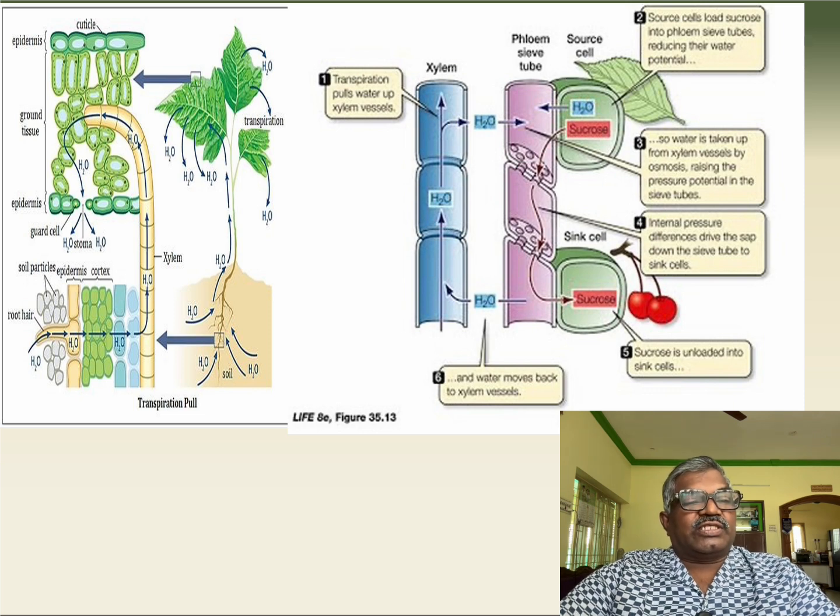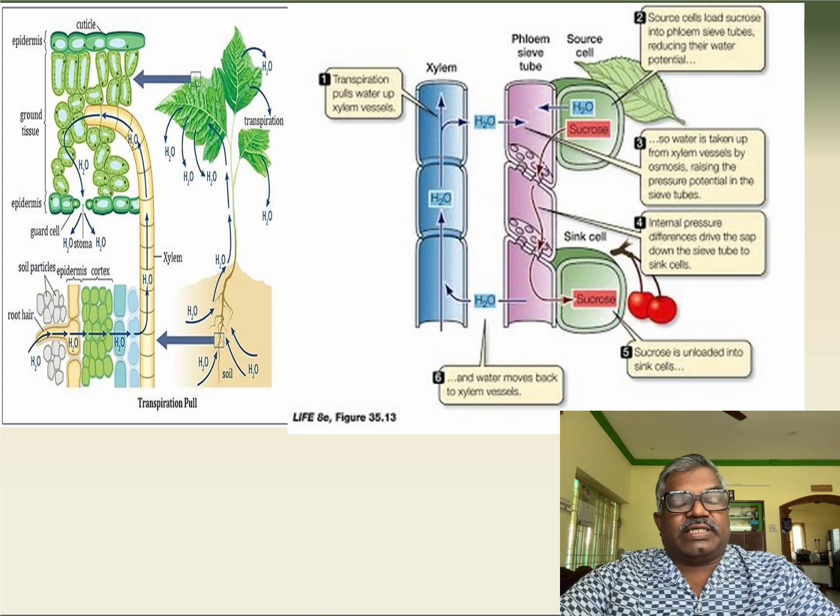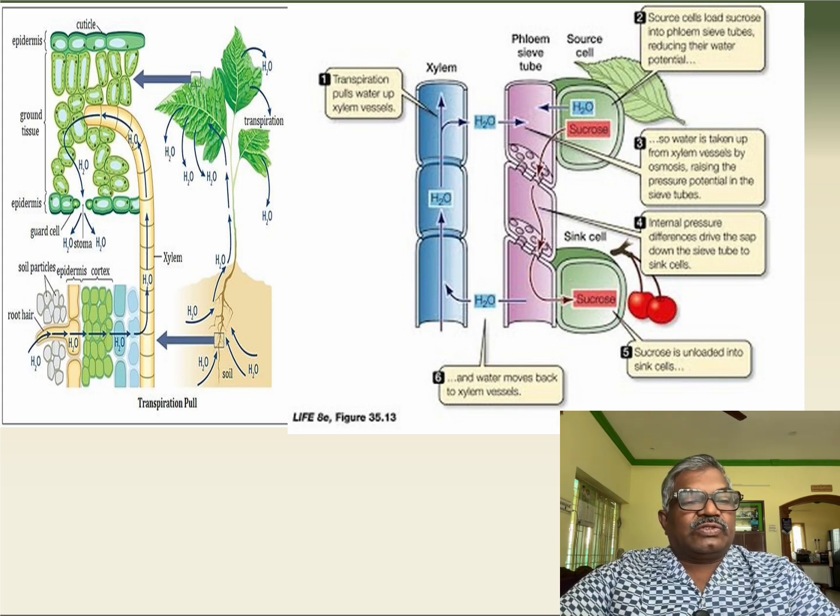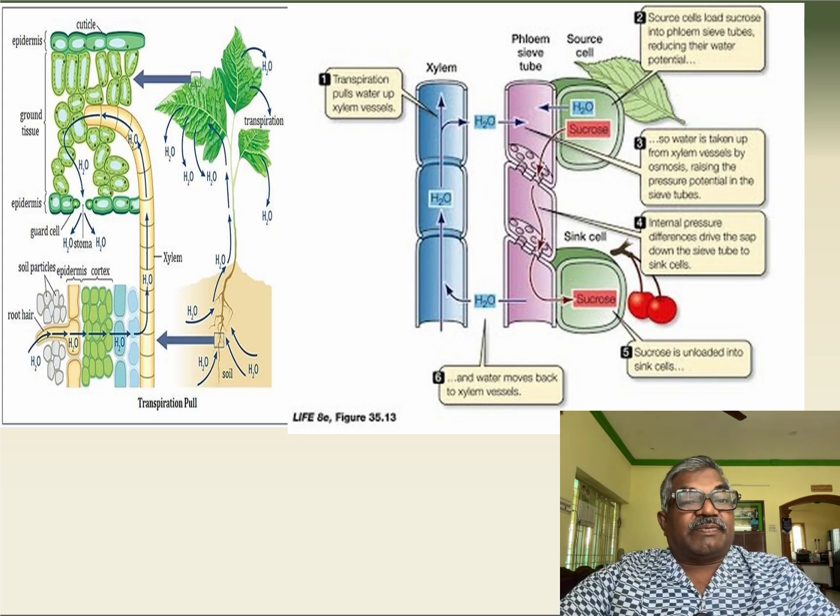The other force is known as transpiration pull. What is transpiration? Water evaporates through the tiny pores present in the leaf surface. These tiny pores are known as stomata. Through stomata, water evaporates, so a pulling pressure is created.